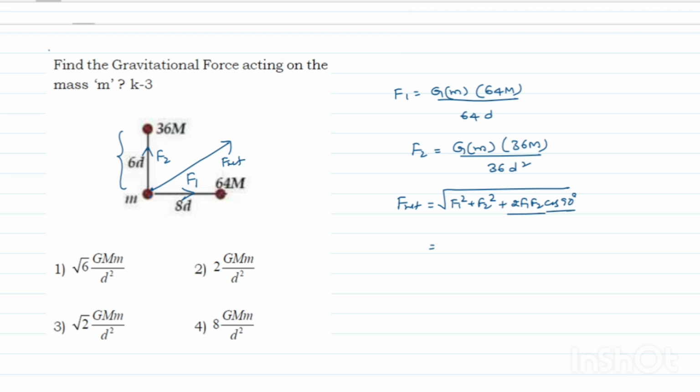Now when you simplify this, the 64 and 64 get cancelled, and the 36 gets cancelled.